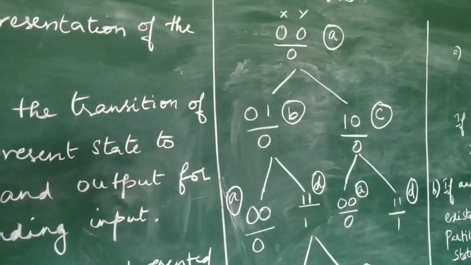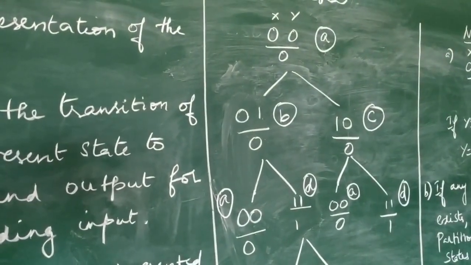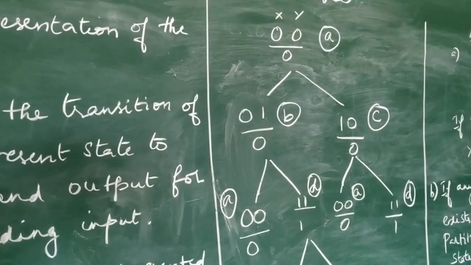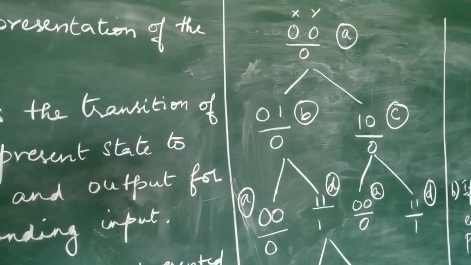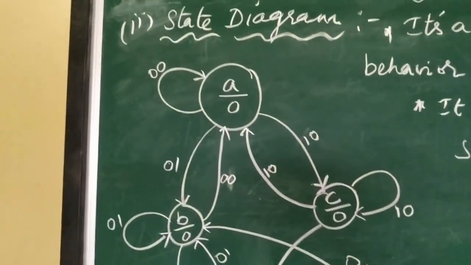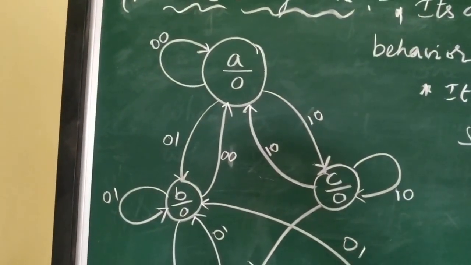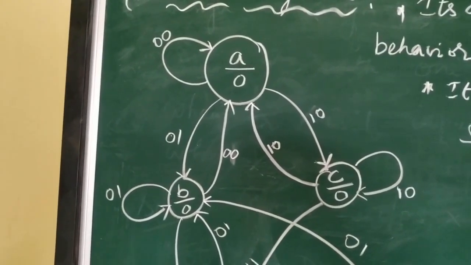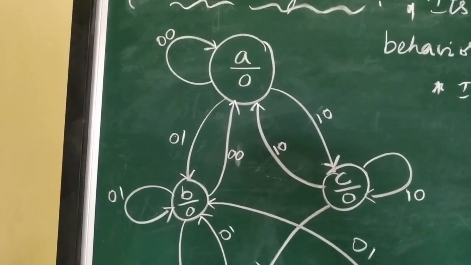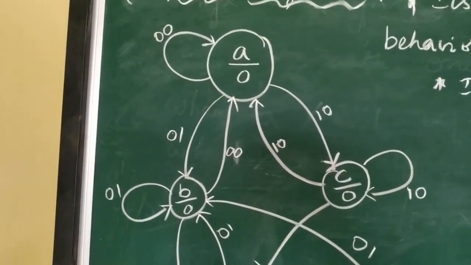The A state stays stable for the values x, y equal to 0, 0. So put a self loop, that is, it is stable for the value 0 0. The inputs are written on the loop, outputs are written inside the bubble.